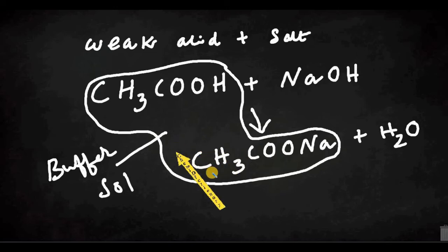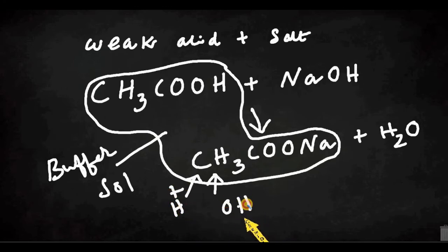For example, in blood also we have buffer solution. Acid in the sense H plus, base in the sense OH minus. While adding H plus or OH minus, it maintains the pH fairly constant while adding a small amount of acid or small amount of base.